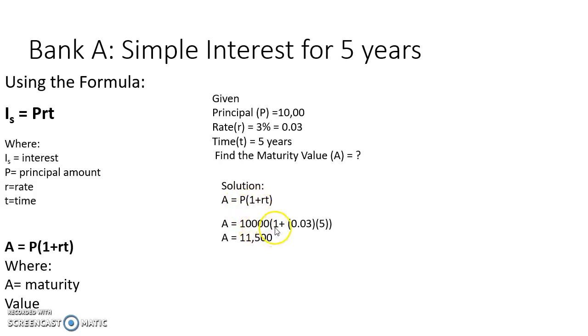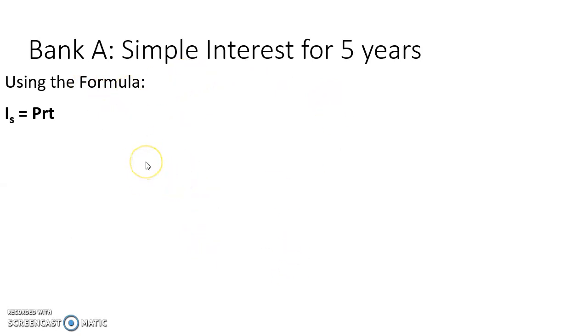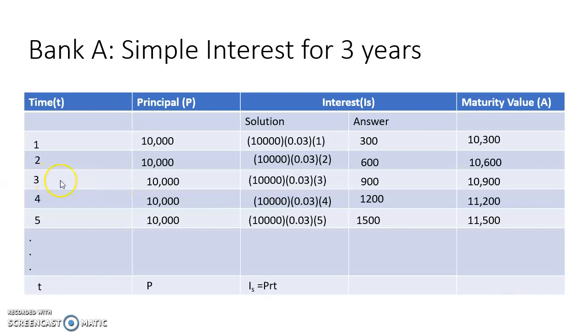So you have 1 plus R, 0.03. T is 5. So the maturity value is 11,500 for 5 years. Now you can compute for the maturity value for 3 years, and you can check it with the table. Okay, here, table here.